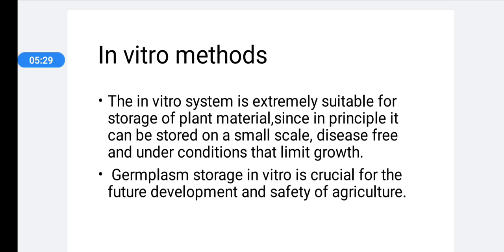In vitro conservation, where we preserve by non-conventional methods, is extremely suitable for storage of plant materials because it can be done on a small scale and under disease-free conditions, and we can also limit their growth. Germplasm storage in vitro is crucial for the future development and safety of agriculture.